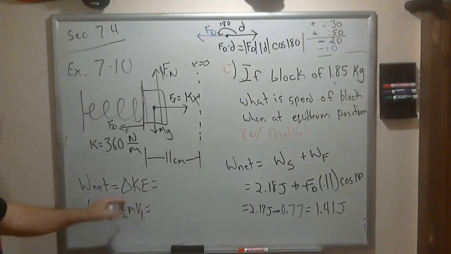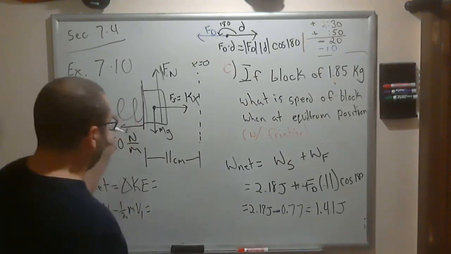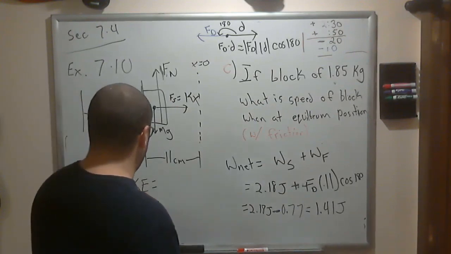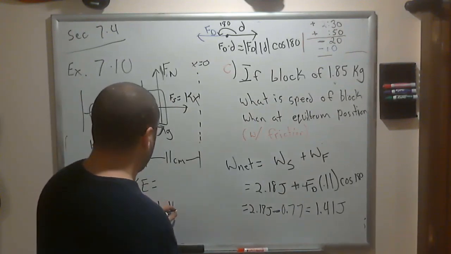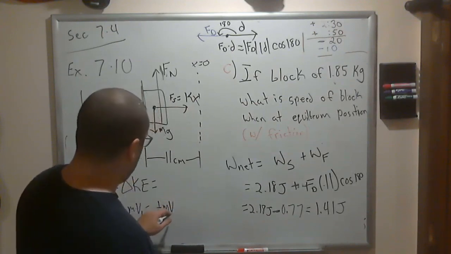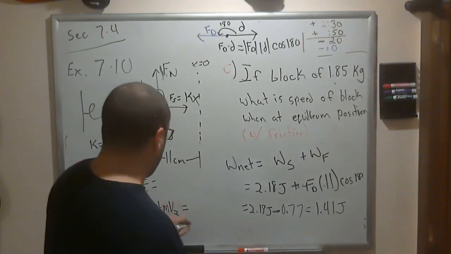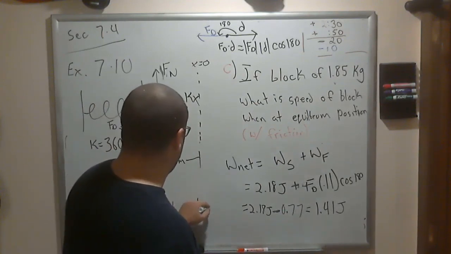V initial is 0, because we start with the spring compressed and just let it release. So this is equal to its final velocity, V2, and that's what we're looking for. What is its final velocity? And this is equal to the net work.